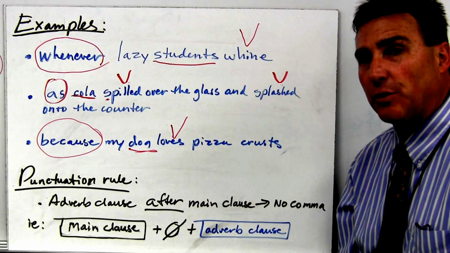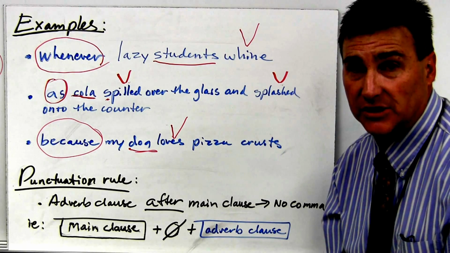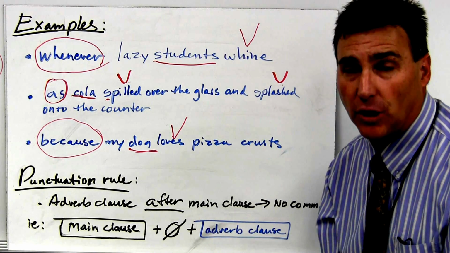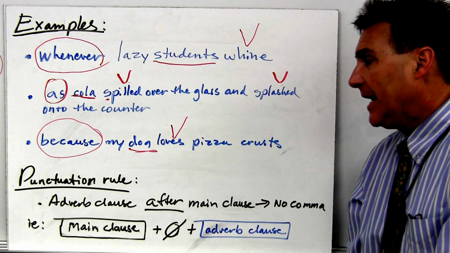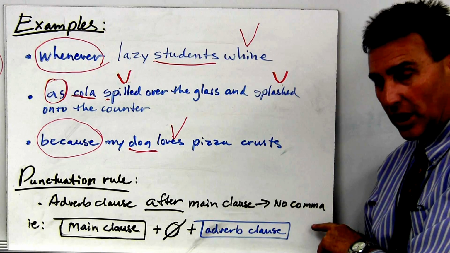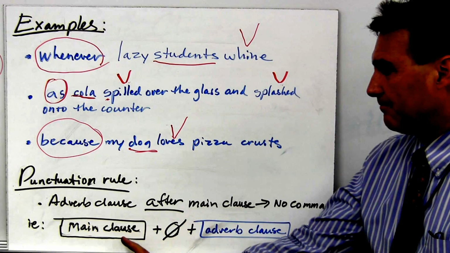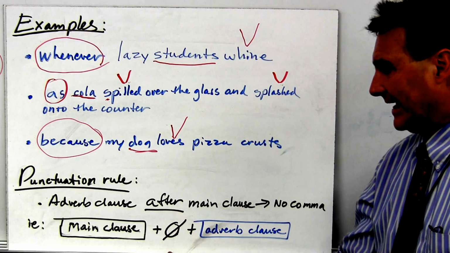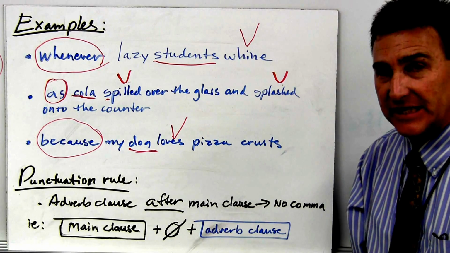Let's talk about punctuation. There is a punctuation rule for adverb clauses just as there is for adjective clauses. Here it depends on position. It's a position rule. An adverb clause coming after the main clause needs no comma. That is, as shown in this model here, main clause plus nothing plus adverb clause would yield the sentence.